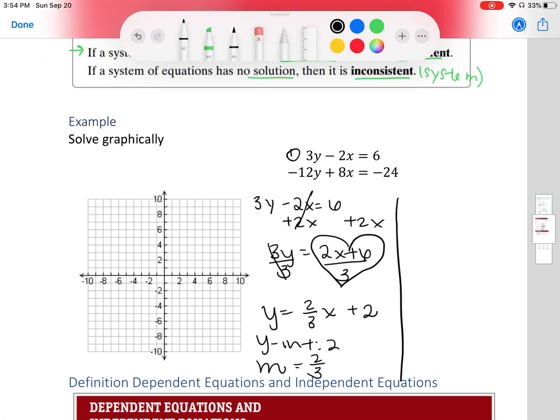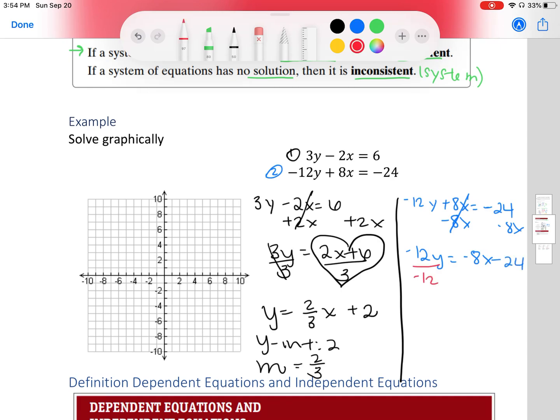Our next equation, we have negative 12y plus 8x equals negative 24. Let's solve for y. Let's subtract 8x from both sides. 8x minus 8x, that's 0. We're left with negative 12y equals negative 8x minus 24.